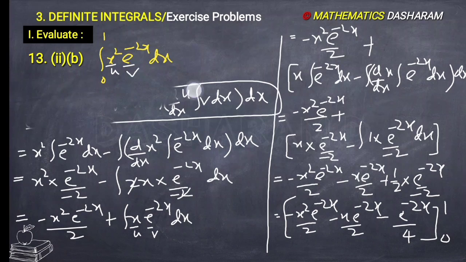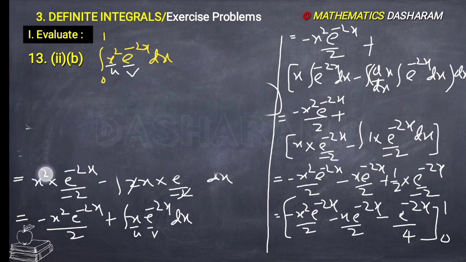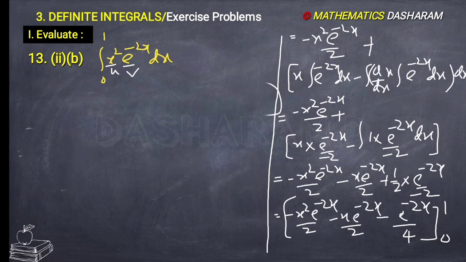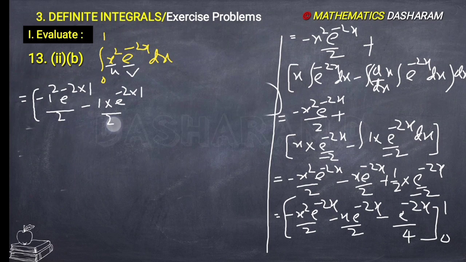So first substitute the upper limit, next to lower limit. So minus 1 square e power minus 2 into 1 divided by 2 minus 1 into e power minus 2 into 1 divided by 2 minus e power minus 2 into 1 divided by 4.